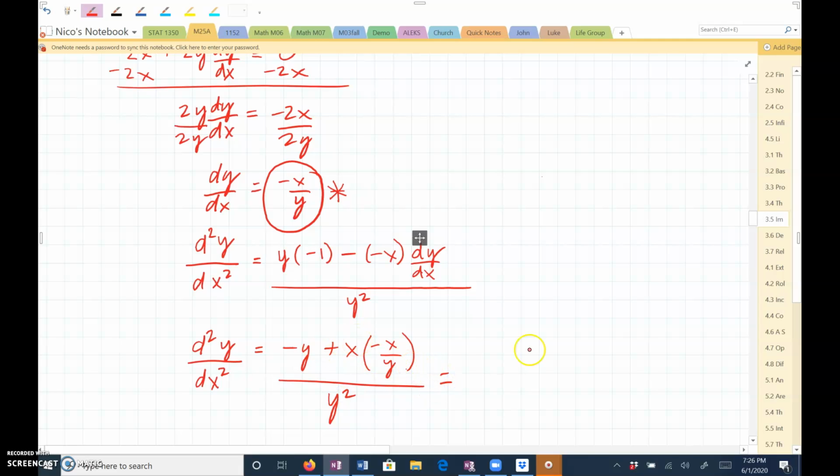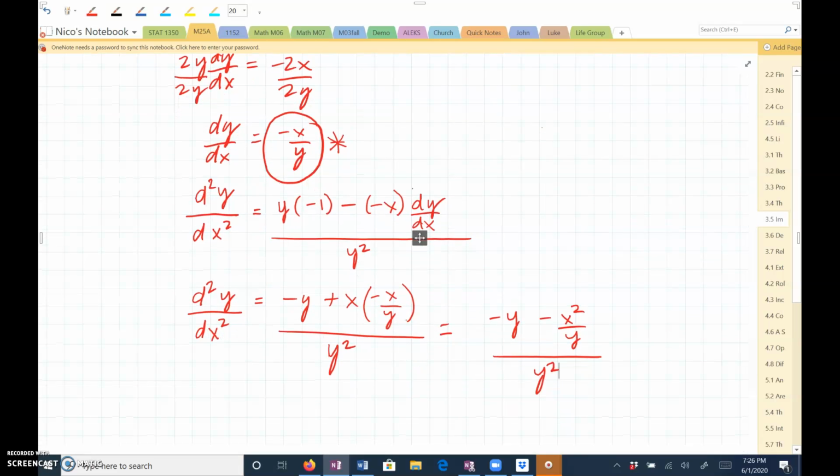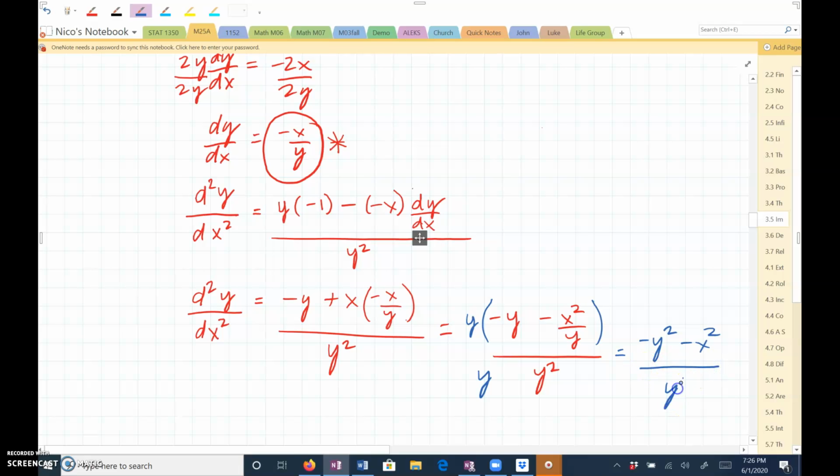And then this would be negative y minus x squared over y, all over y squared. And then I could multiply through here, top and bottom, by y. This would give me negative y squared minus x squared, all over y cubed.